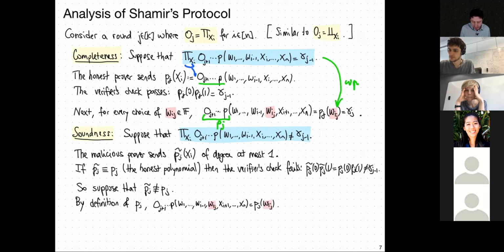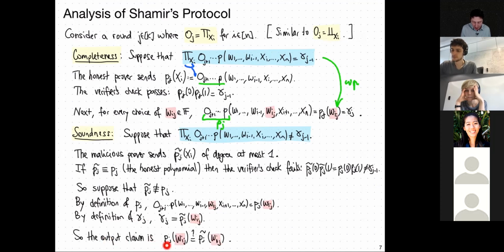By the definition of the honest polynomial, this expression evaluated at omega ij really is the honest polynomial evaluated at omega ij. However, the verifier decides the next claim's target, gamma j, to be the evaluation of pj tilde at omega ij. So the output claim is tantamount to comparing these two polynomials at a random point. But these are distinct polynomials, and so the probability that we have a correct output claim is at most 1 over f, with probability taken over the choice of the verifier's randomness.